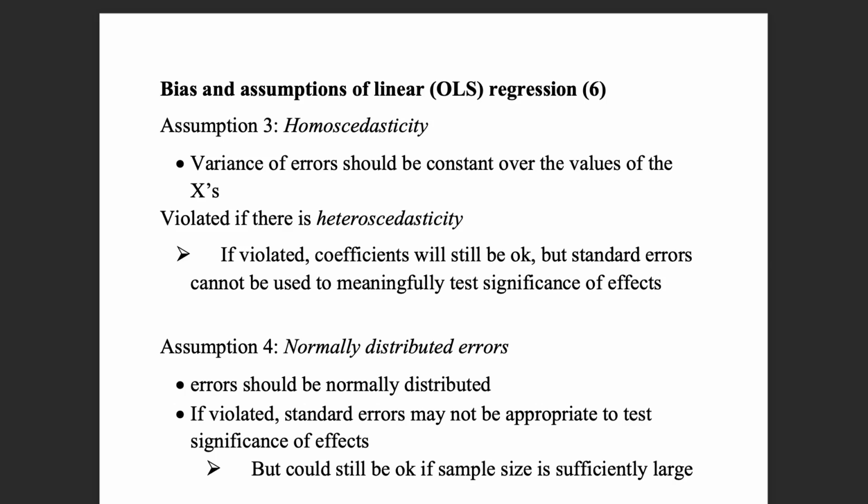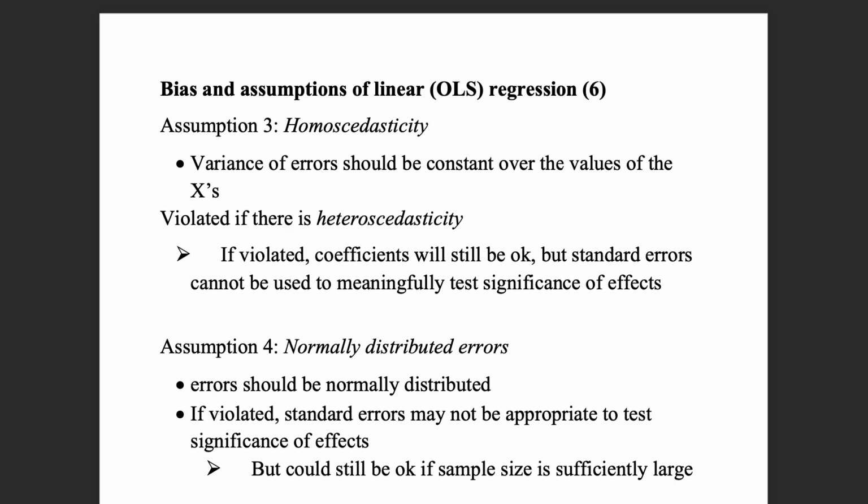Because then you can still use the standard errors as you would normally do, because the larger your sample is, the less bias you will have in your standard errors, even if the original errors are not normally distributed. So this is especially an issue if you have relatively small data sets.